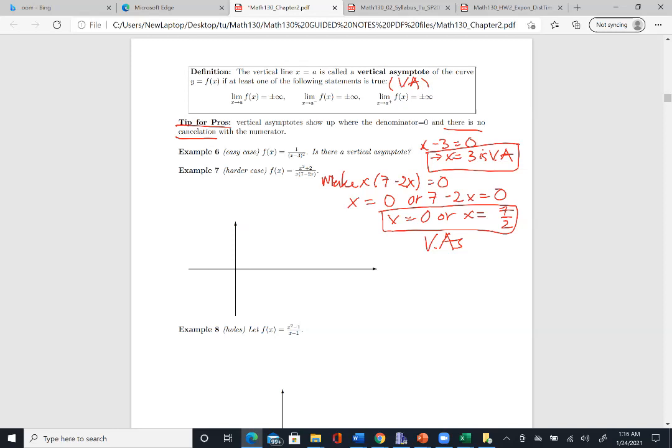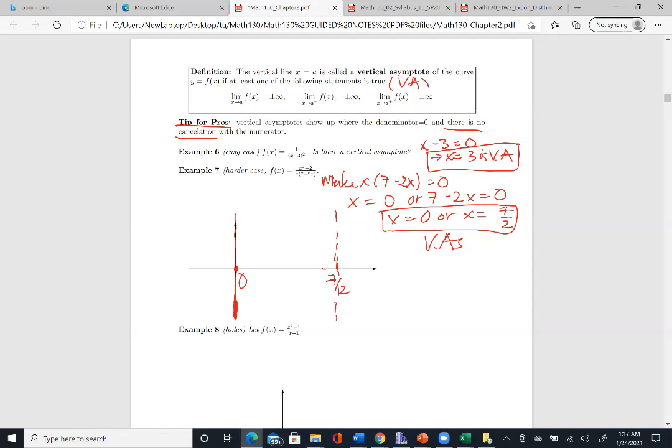So in order to draw in this case, you should know that the graph has a vertical asymptote at 0 here, and another one at 7/2 here. The first vertical asymptote is actually the y-axis. The second one is x equal to 7/2, right?